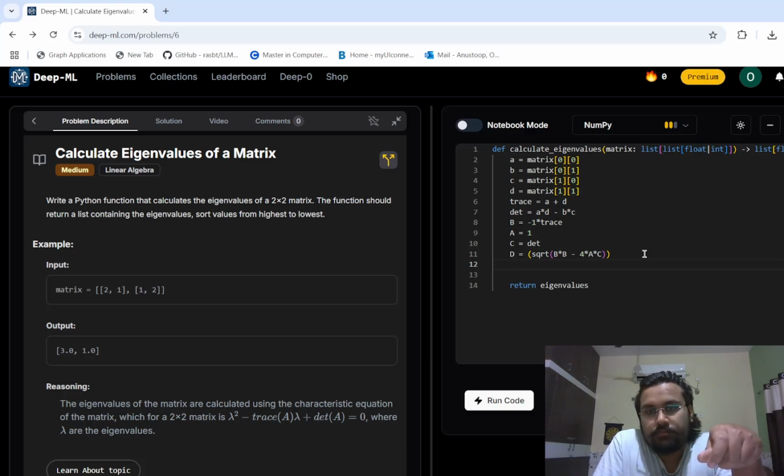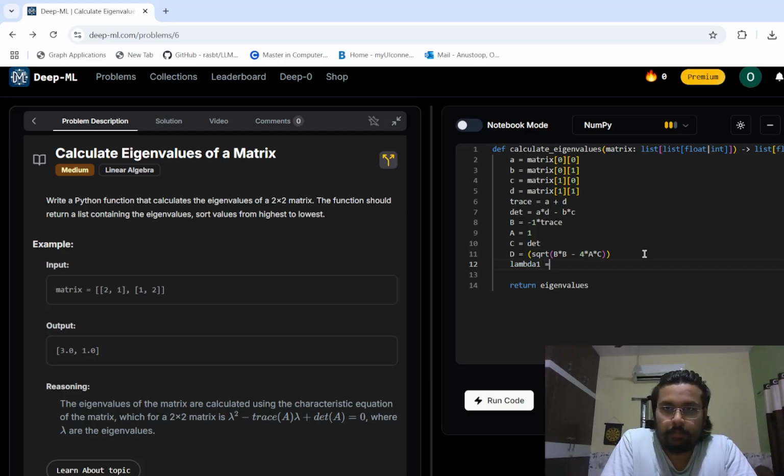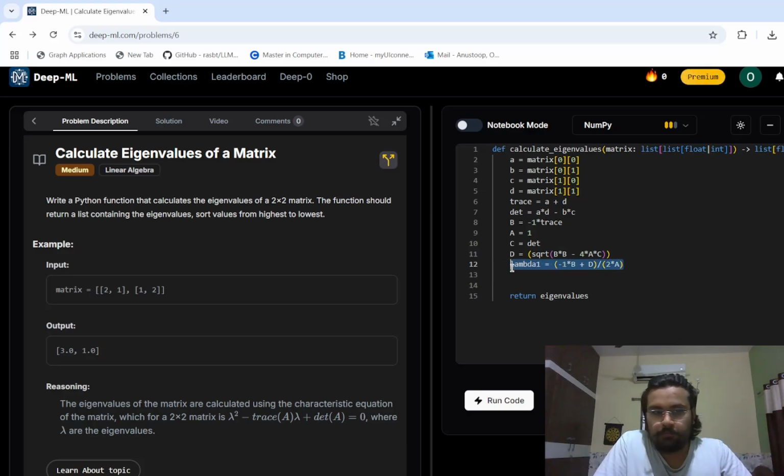We have minus b plus or minus the discriminant by 2a. So lambda 1 is minus 1 into b plus d divided by 2a. And similarly lambda 2 is minus b minus d divided by 2a. So these are the things.